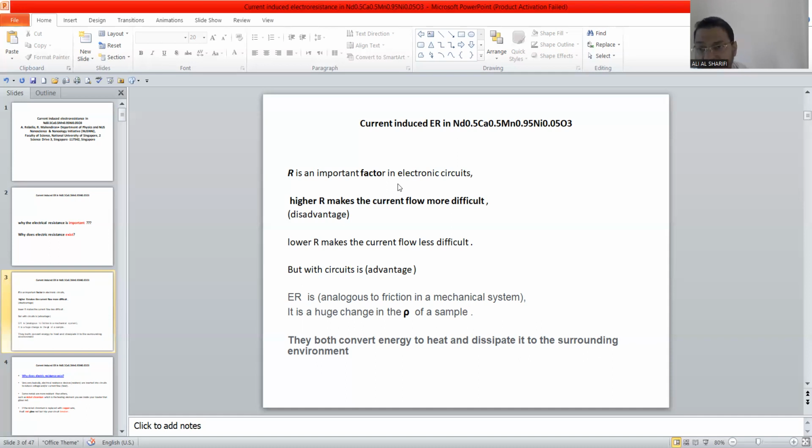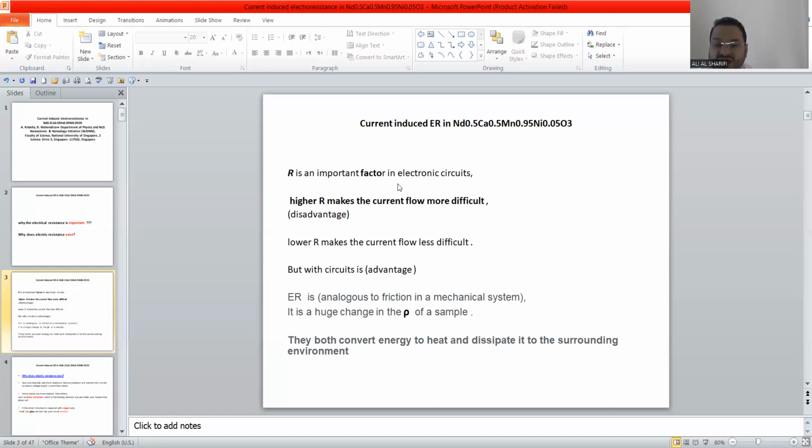But with a circuit, as an advantage, like I said before, we use this to protect our device. All of these slides, and the next one, are something like a review of important information. After that, we will go deeply into this article.